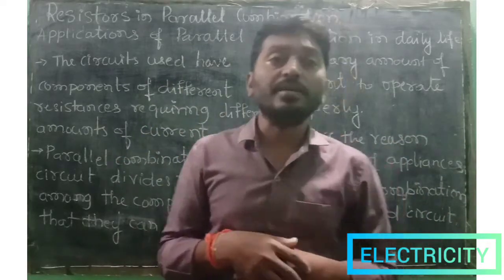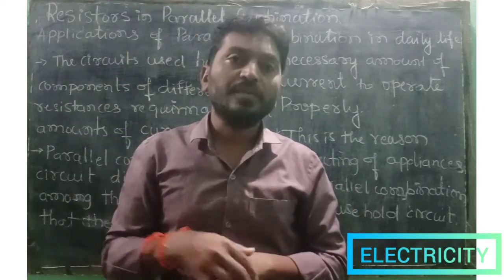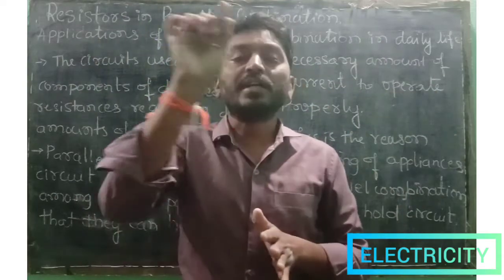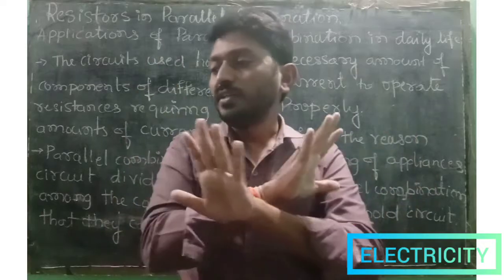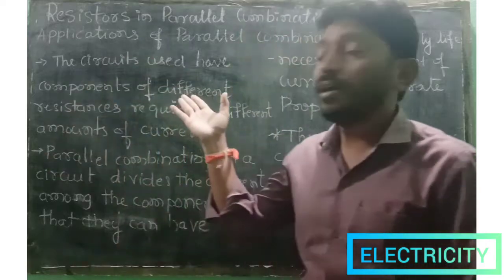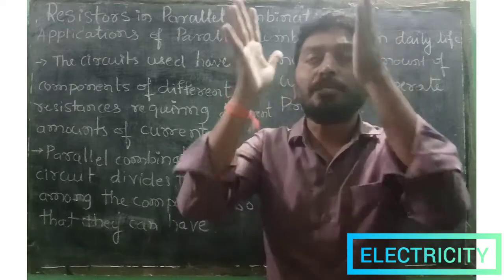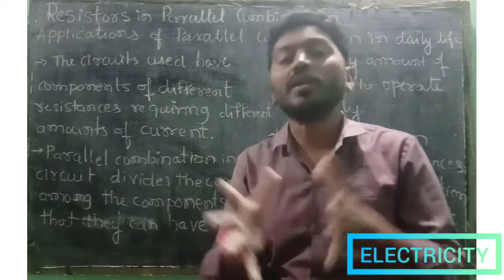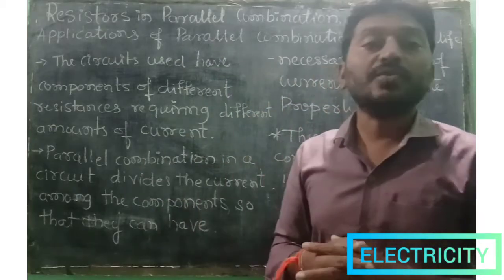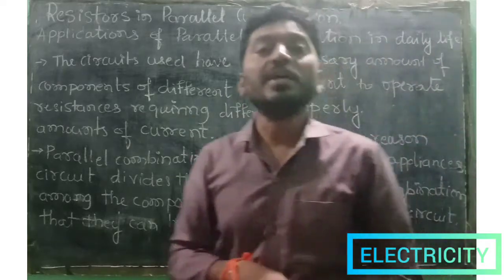Because in a series combination, if the circuit is broken or cut anywhere, the whole circuit stops, meaning the current stops flowing. But in a parallel combination, if the circuit is broken anywhere, only that particular part stops working. The remaining part continues working as it is. This is a very important point for using parallel combination in our daily life.